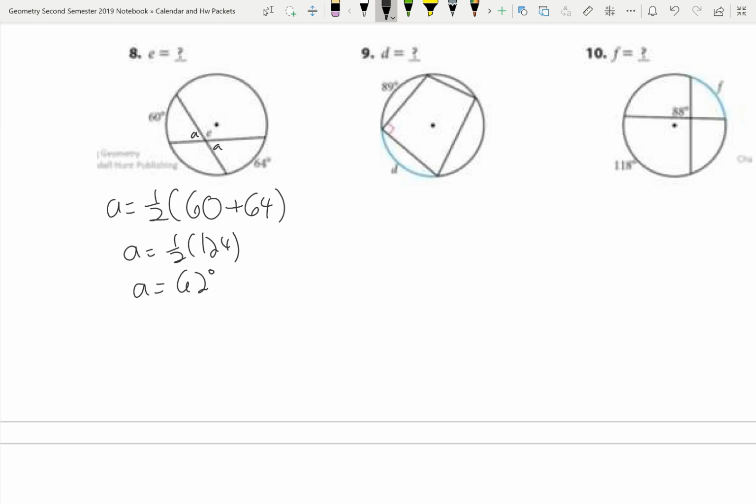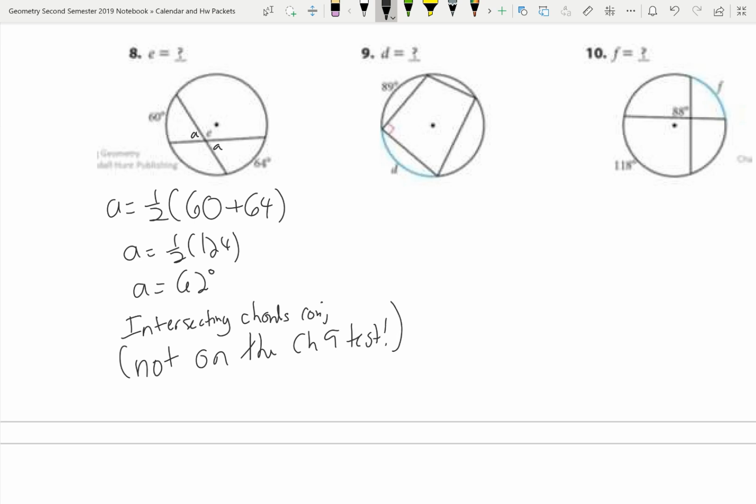And it's called the intersecting chords conjecture. But just so you know, that's how you would do it.